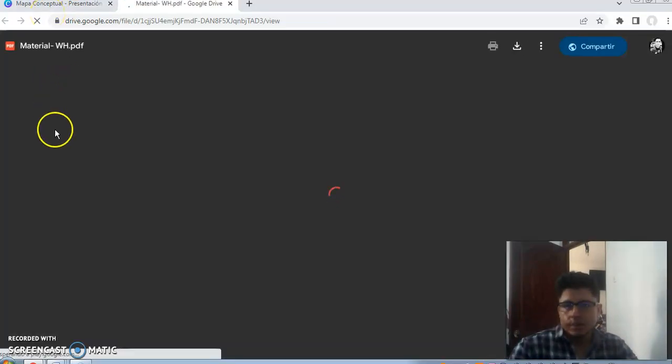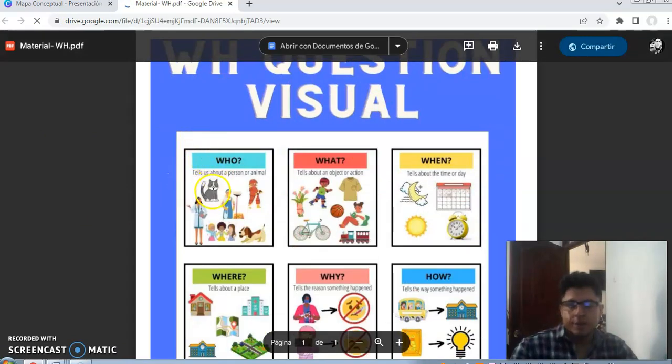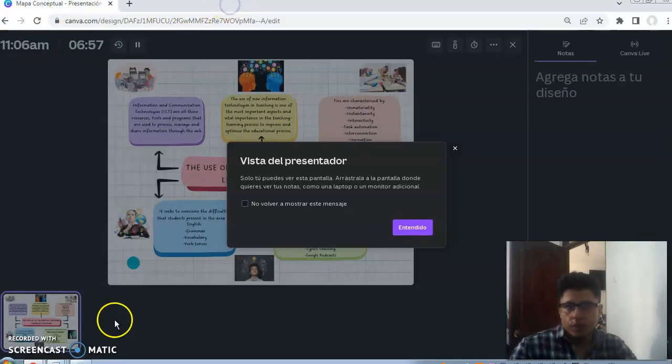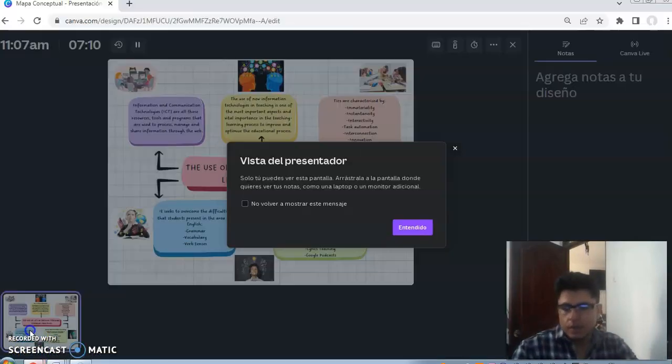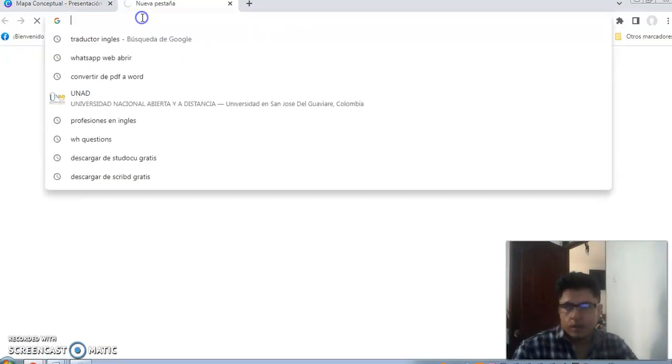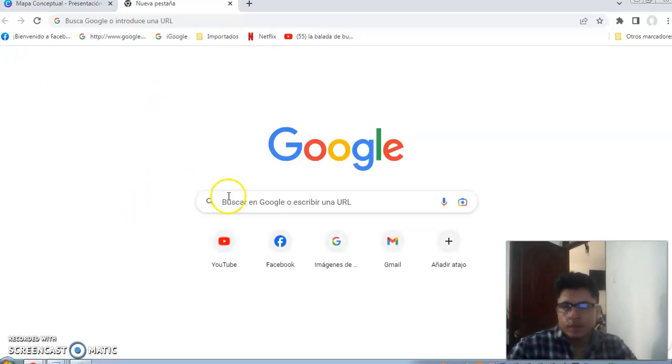The material is the famous flashcards about the WH questions, right? In the practice, let's play in this tool, Educaplay. In this space, there are activities on the web.